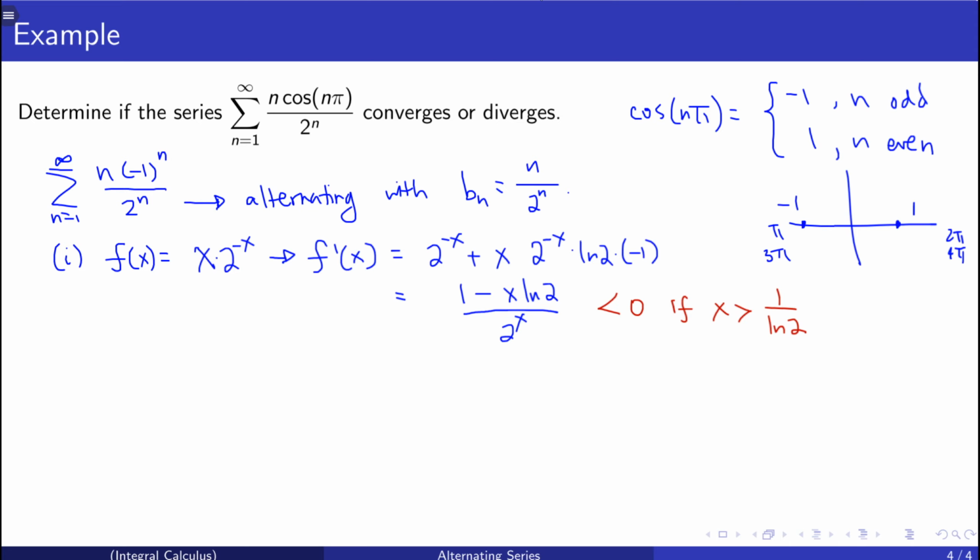But that's fine. When n equals 2, well, I don't know what ln 2 is equal to. Let me get my calculator here. What's ln of 2? So 1 over ln of 2 is actually 1.44. So for all values of n larger than or equal to 2, this is decreasing. And that's good enough for us.